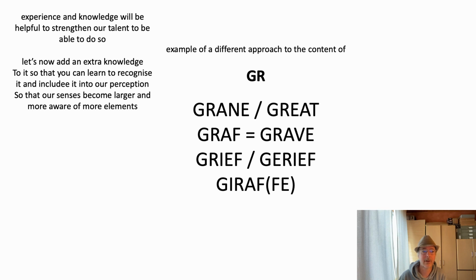So there are senses themselves that can sense where the letters are and how they work and how they are interconnected. Gradually you can become aware of more things that are interconnected, and you sense them more easily and more quickly.